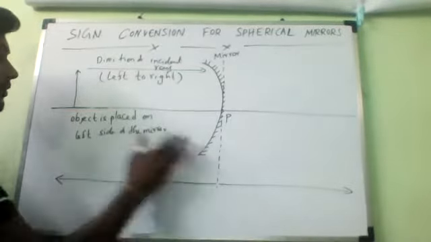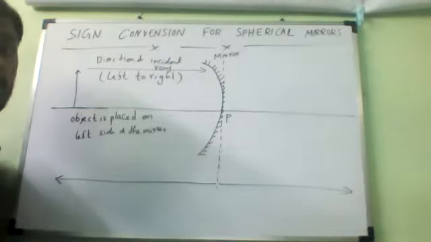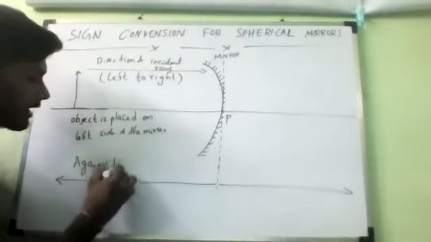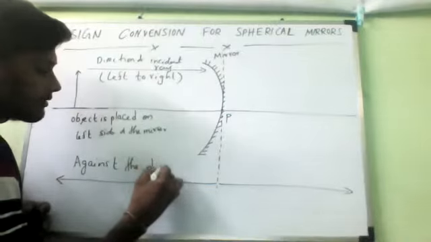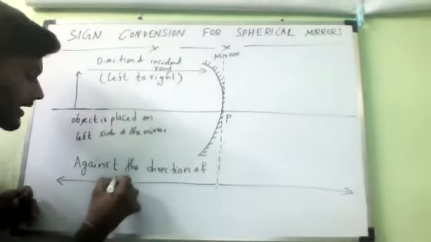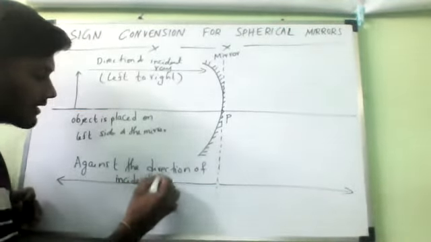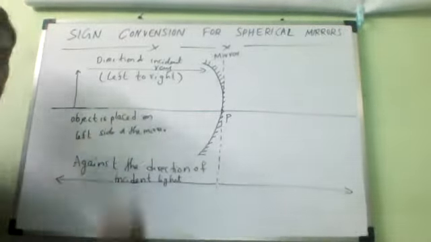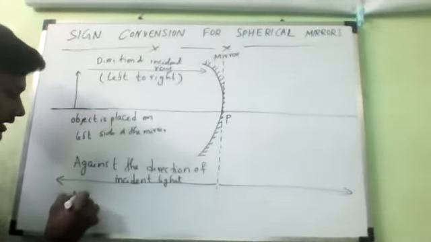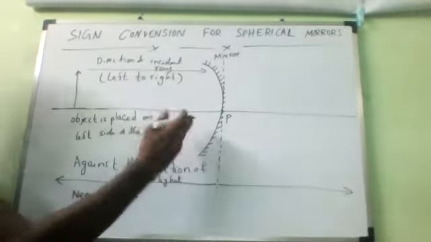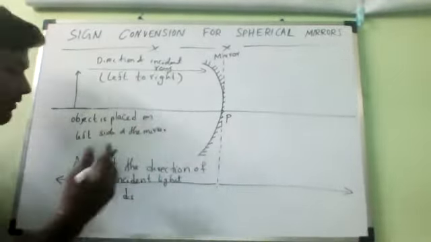When we are moving against the direction of incident light, that is, opposite to the incident light, all these distances we get as negative distances. Always remember, whatever we get in these coordinates, all are negative distances.